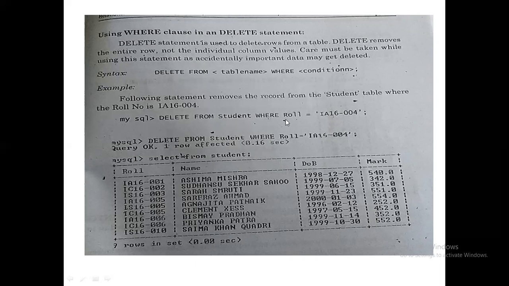So delete from student where roll number is equal to this value. So after that जिसका roll number 1004 था वो delete हो गया. तो यहाँ पे select star from student जब करोगे तो वहाँ पे roll number 1004 देखो नहीं है, delete हो गया. So in this way using the delete keyword you can delete a record from a database.